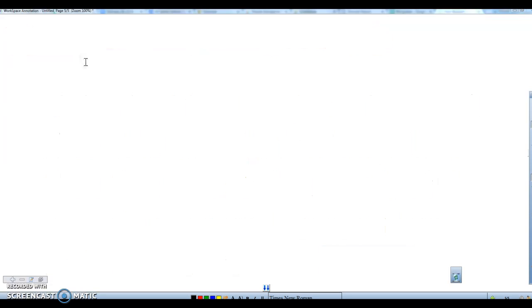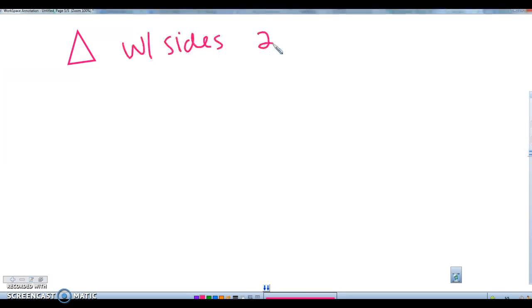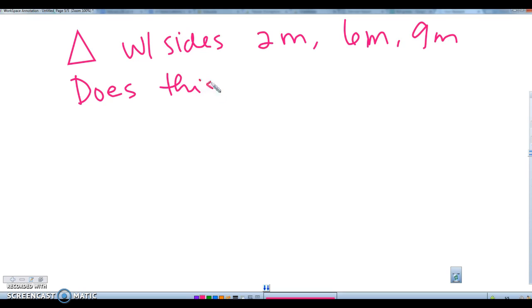Okay? So let's say we're starting with a triangle with sides that are 2, 6, and 9 meters. And I want to know, does this triangle work?